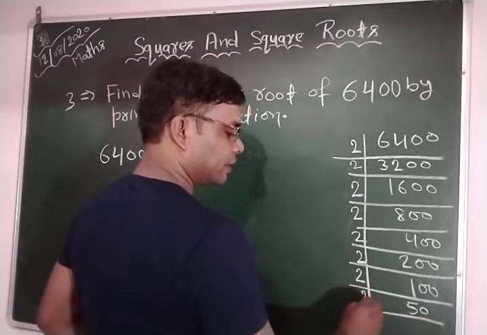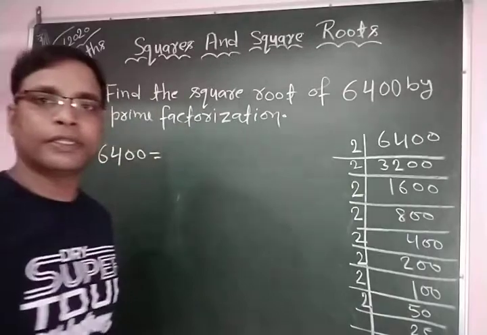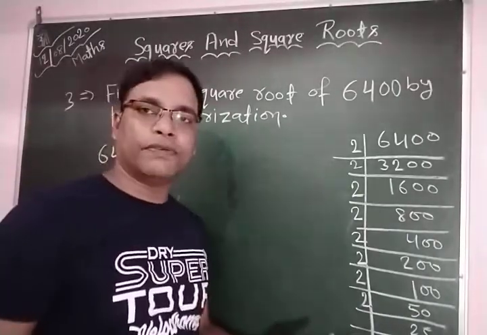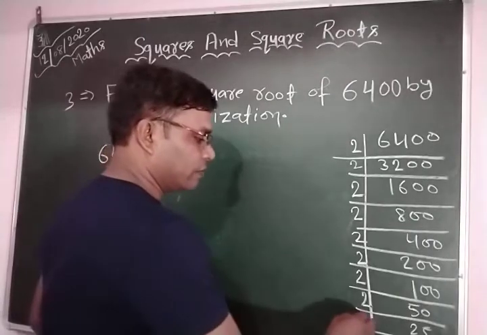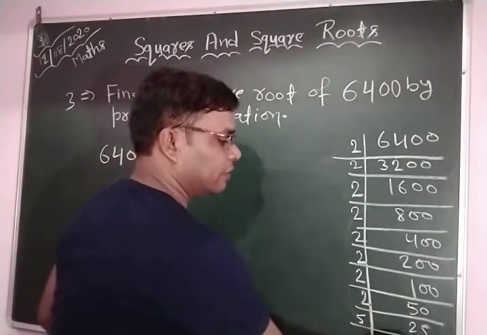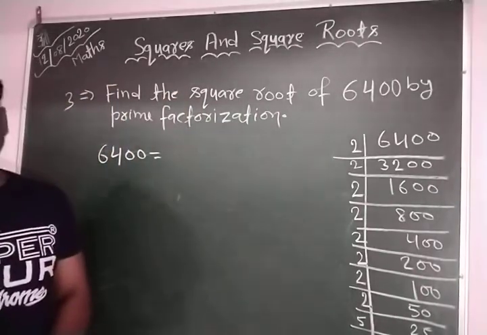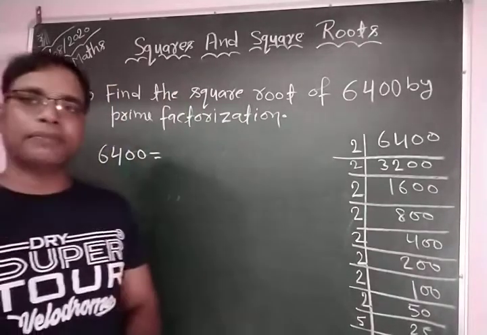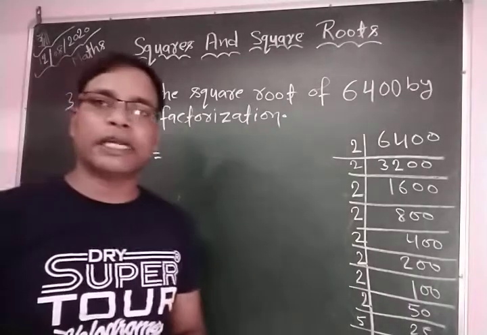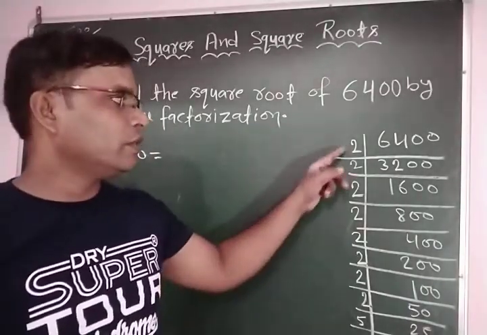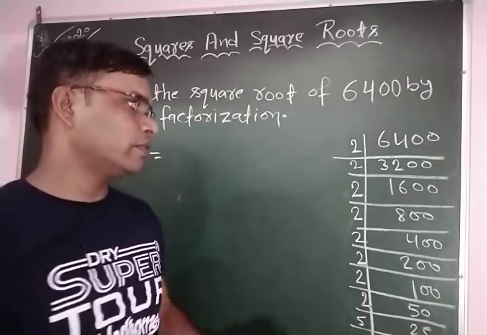After this you get 25, then 25 is divisible only by 5, so we get 5, then 5 and 5. So in this way you can say the prime factorization of 6400 is 2 into 2 into 2 into 2 into 2 into 2 into 2 into 5 into 5.